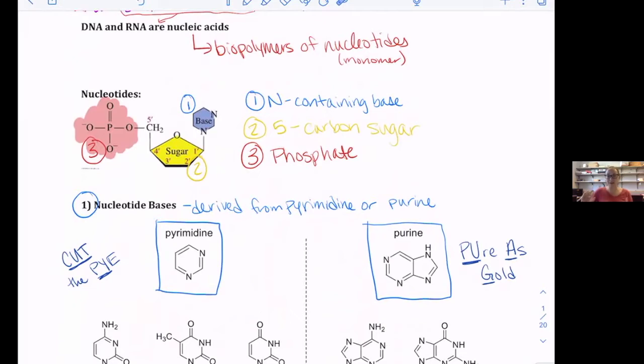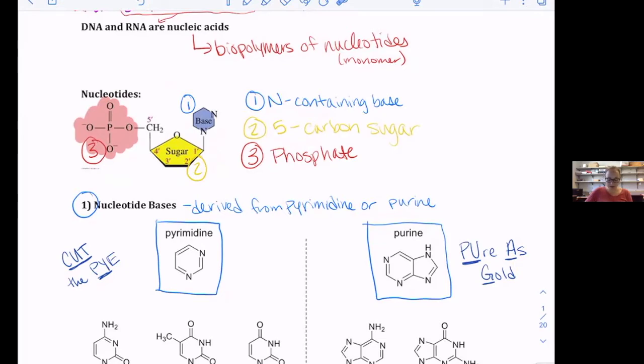This nitrogen-containing base is what's responsible for saying what kind of nucleotide there is. There's a lot fewer nucleotides than there are amino acids, but the other parts are pretty much the same, depending on if you're talking about DNA or RNA. But in general, the identity of that nucleotide is dependent on that base.